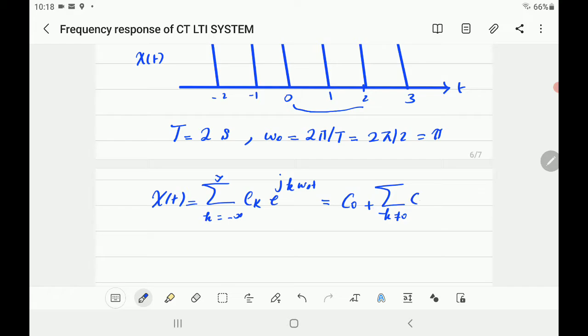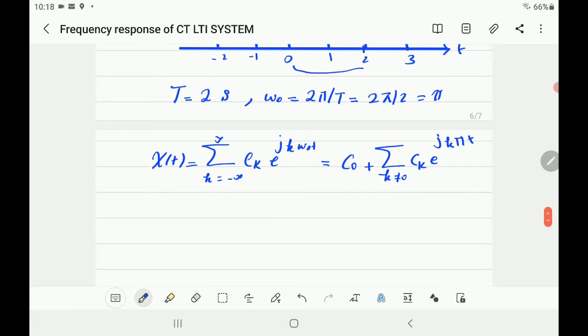So you have c_k e to the power of j k, substituting omega naught equal to pi, t. So that will be your Fourier series.